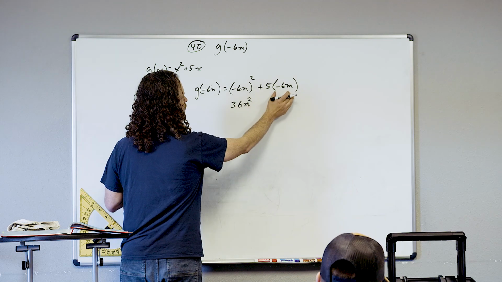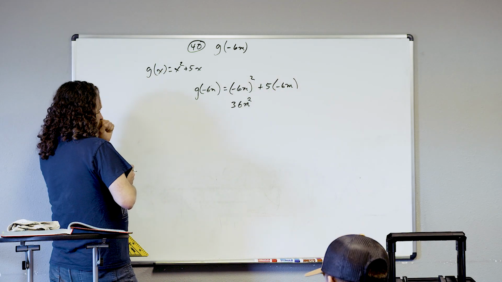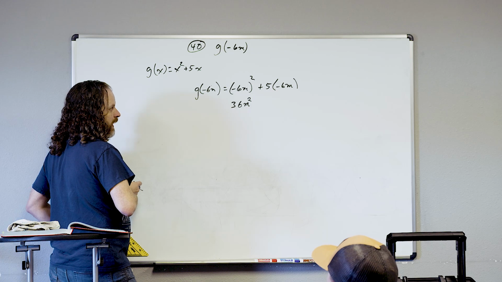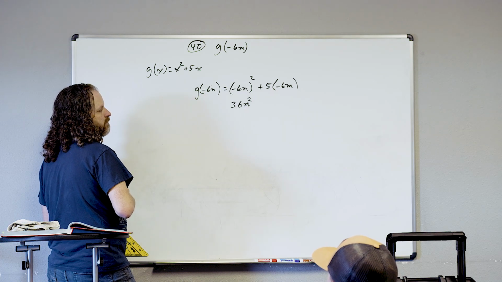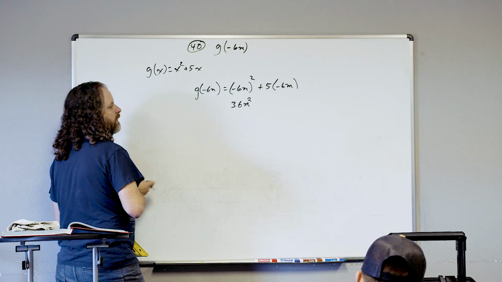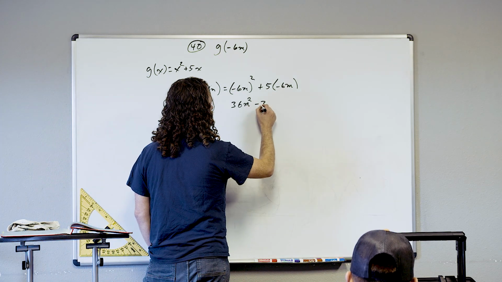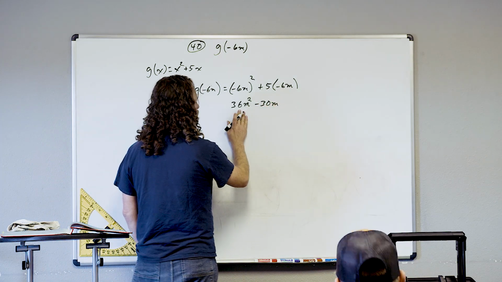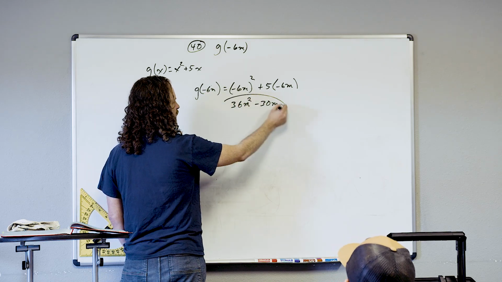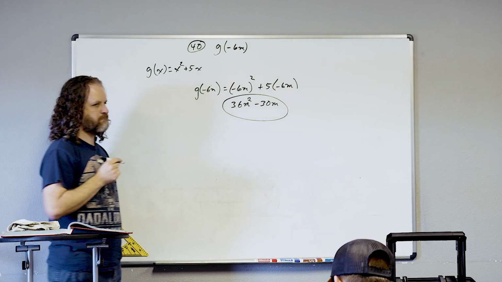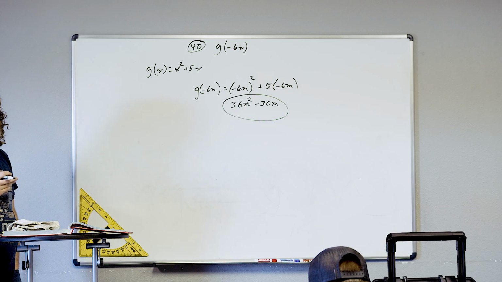Now what do we do over here? 5 times negative 6, which is negative 30. Negative 30m. And these aren't like terms because this one's squared and this one's not. So that's as simple as it gets right there.